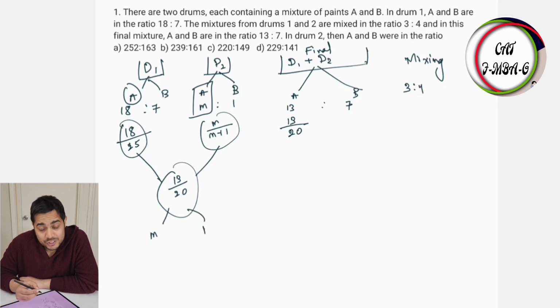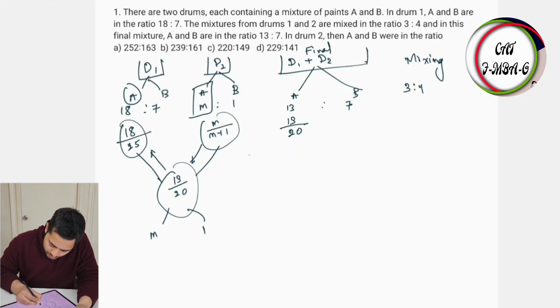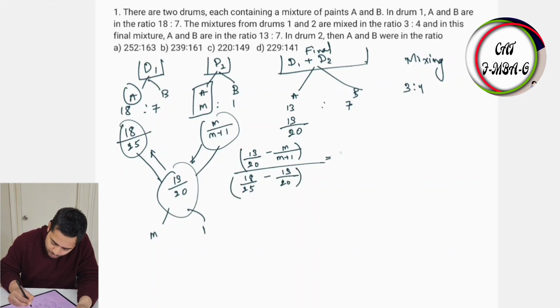So by using the alligation concept, higher minus lower and lower minus higher, or whatever it may be, you can remove or ignore the negative sign if it is there. So 13/20 minus M/M plus 1 divided by 18/25 minus 13/20 is equal to 3/4.